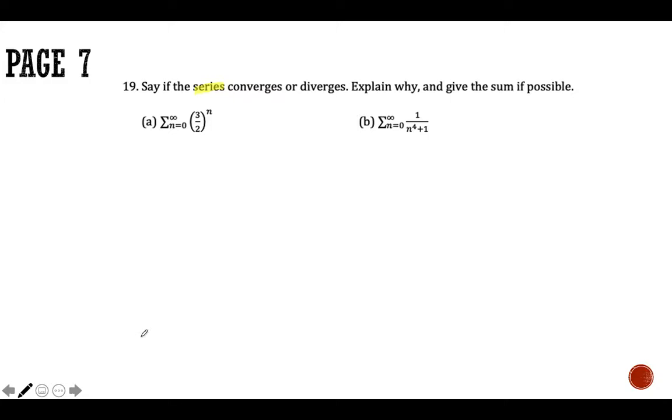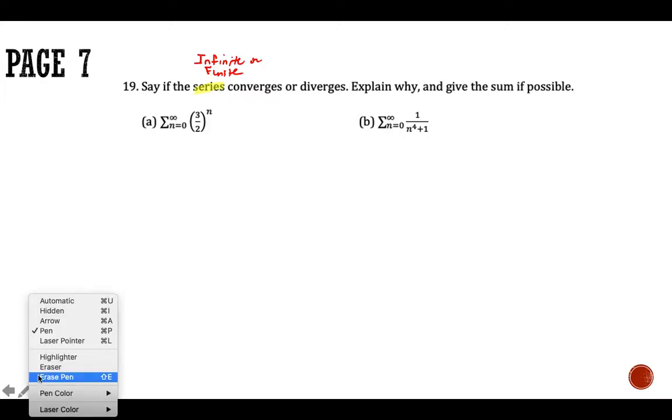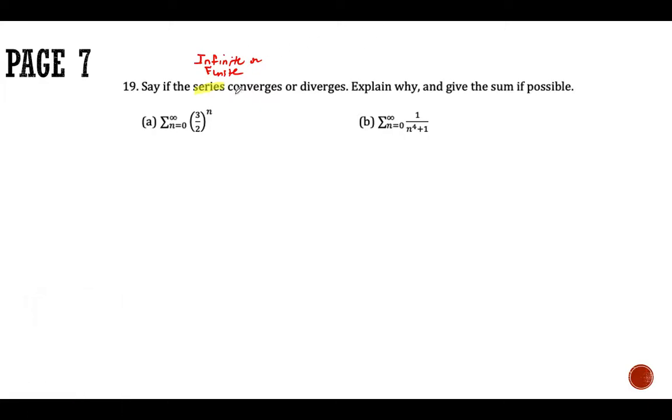So fairly narrow, really. All right, so series converging. Firstly, when you're dealing with a series, the thing you want to think about is, do I have an infinite or finite series? If they are asking you whether your series converges or diverges, that only goes with infinite series.